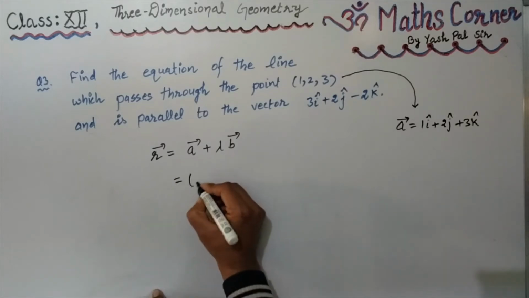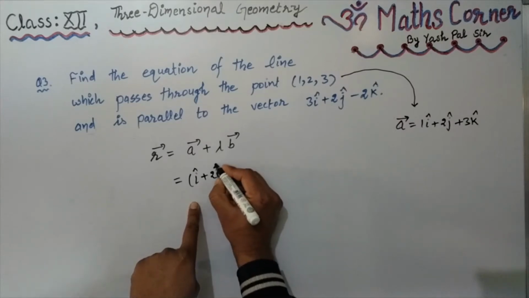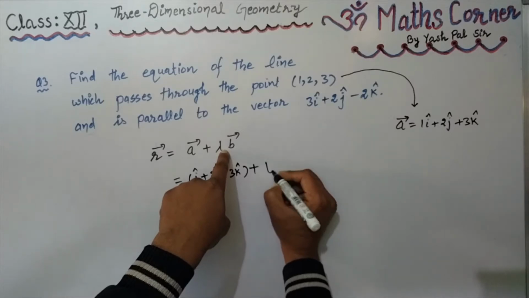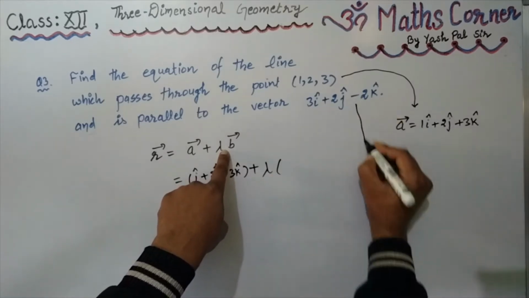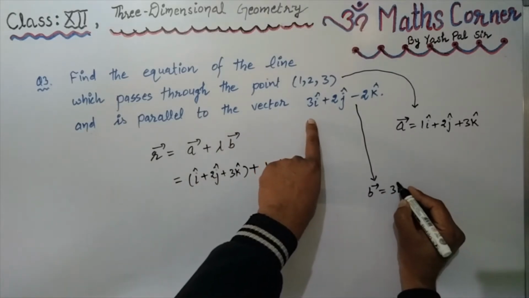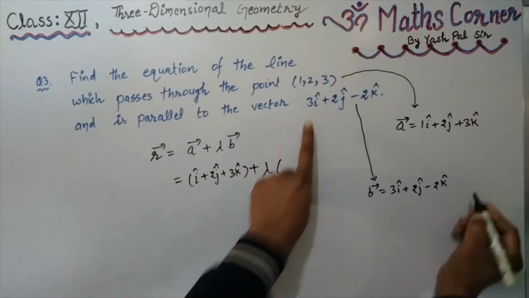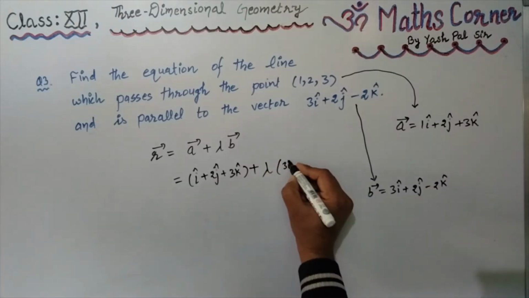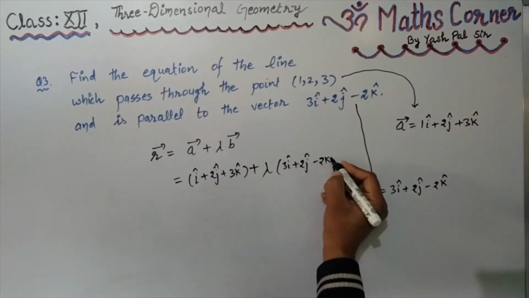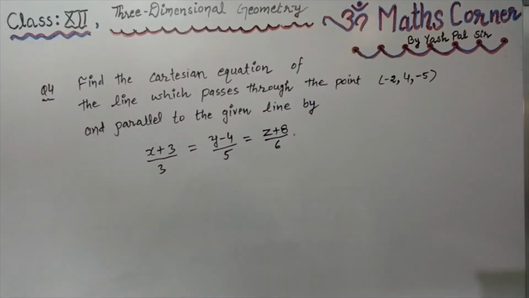So we substitute: i plus 2j plus 3k plus lambda, which is any constant, times vector b, which is equal to 3i plus 2j minus 2k. So we write here 3i plus 2j minus 2k. This is the required equation of the line.